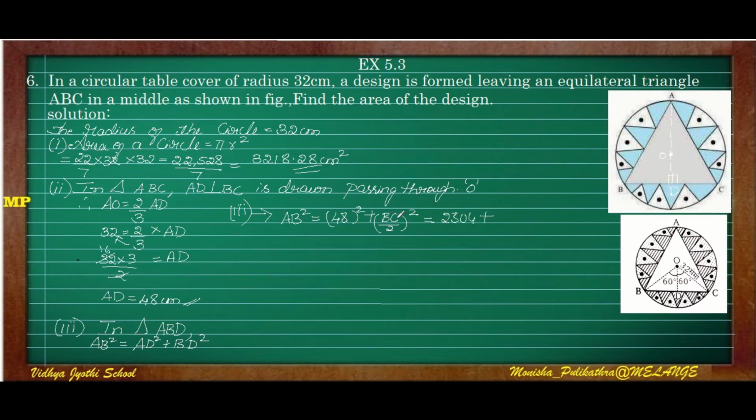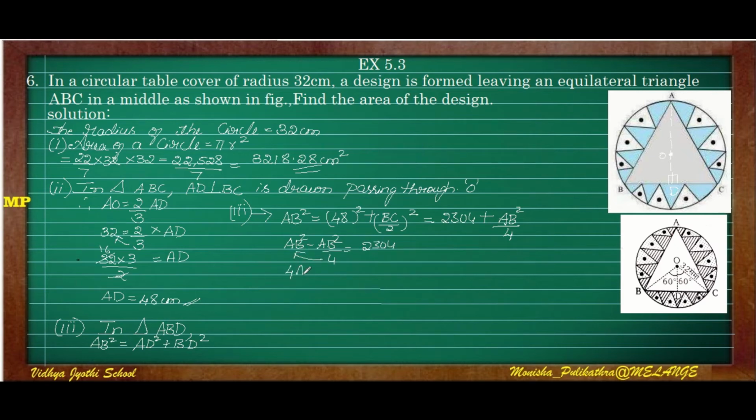So 48 square is 2304 plus BC square. This BC also we can change, because BC is equal to AB, which is equal to AC, because it is an equilateral triangle. So instead of BC I will write AB, so AB square by 4. Next I will shift this AB square to this side. So it will become AB square minus AB square by 4 is equal to 2304.